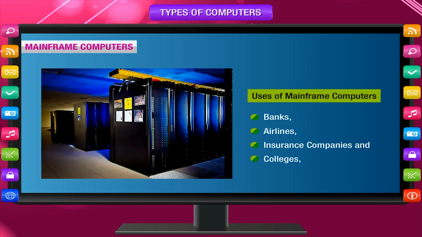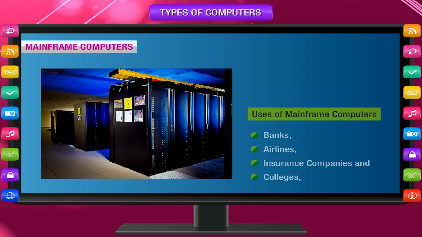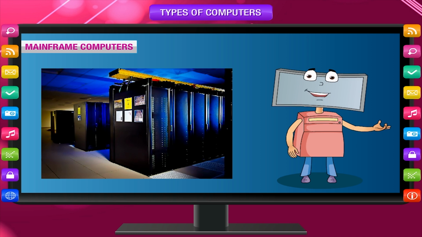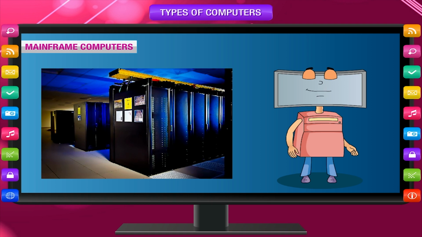Mainframe computers are used mainly by large organizations for critical applications, typically bulk data processing such as census. Examples: banks, airlines, insurance companies, and colleges. A mainframe is the heart of a network of computers or terminals which allows hundreds of people to work at the same time on the same data. It requires a special environment.